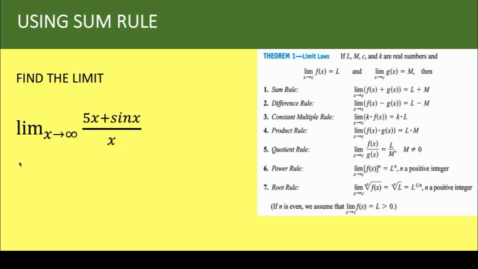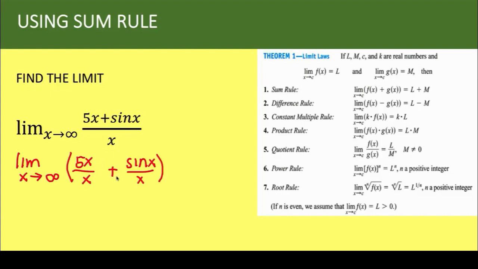So what will happen here is we'll have the limit as x approaches infinity, and then we're going to split this into two terms. We have 5x over x plus sine of x over x. So what we did is we divide each of these terms by x.